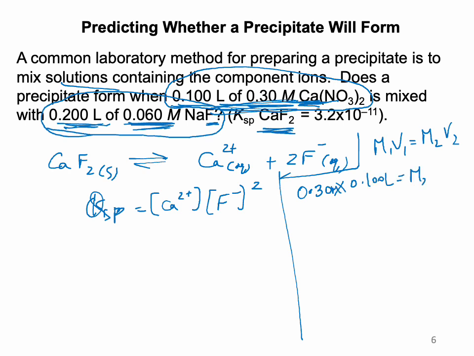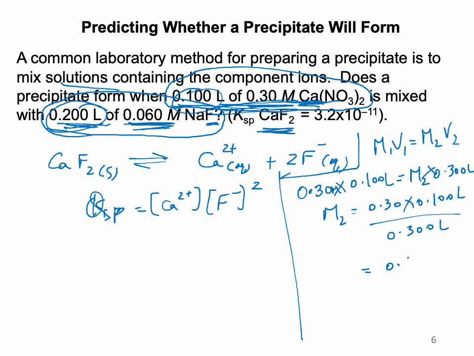I'm interested in finding the final molarity when the final volume is 0.1 plus 0.2, so total is 0.300 liters. So my molarity is going to be 0.30 times 0.100 liter divided by 0.300 liter, which gives me 0.10 molar. That is my M2, which means my calcium ion is 0.10.